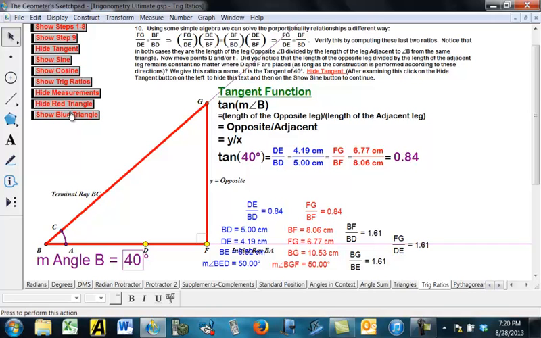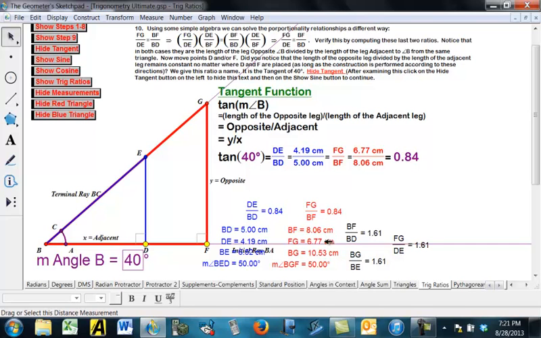And now if we look at the blue triangle and look at the measurements on it, right now BD is 5 and DE is 4.19. DE is the opposite leg, and BD is the adjacent leg. So the vertical one is Y, and the horizontal one is X. And so we're doing Y over X, so it's 4.19 divided by 5, and that's 0.84.